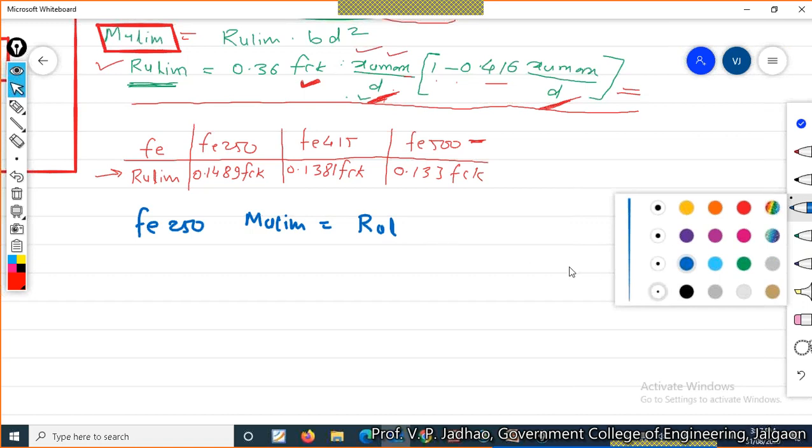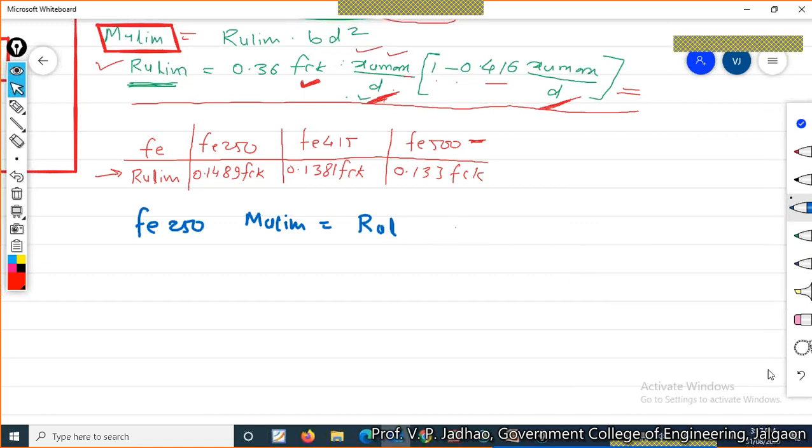We have Mu limiting is equal to Ru limiting multiplied by b d square.